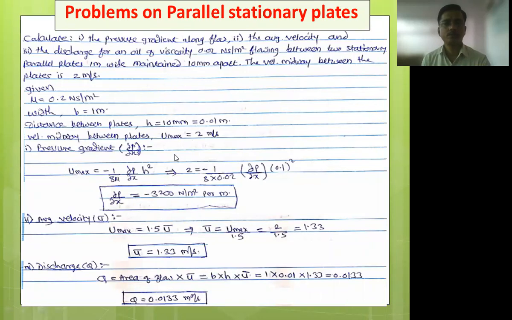Width of the plate B is equal to 1 meter. Distance between the plates H is equal to 10 mm or 0.01 meter, and U max is equal to 2 meter per second.